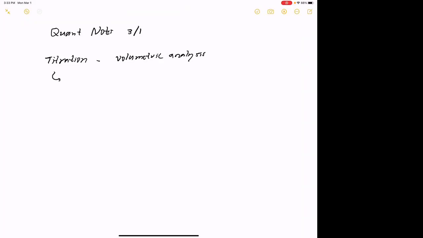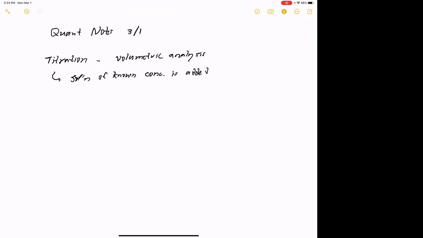Now, when we talk about a titration, the real working definition of a titration is a situation or an experiment where I've got a solution of known concentration and we're going to use that solution volumetrically to be able to get at information about an unknown. Okay, so what are we going to do? We're going to add that solution of known concentration.